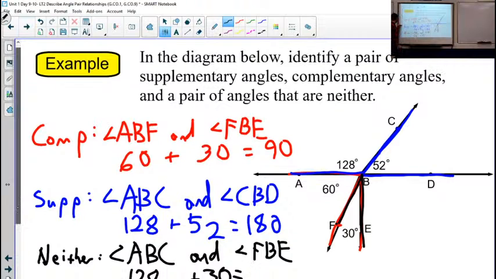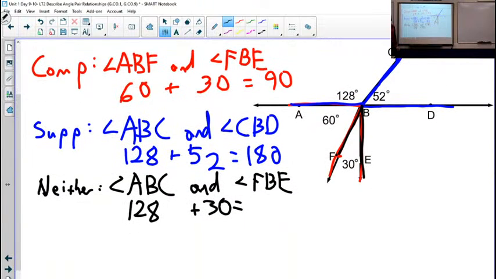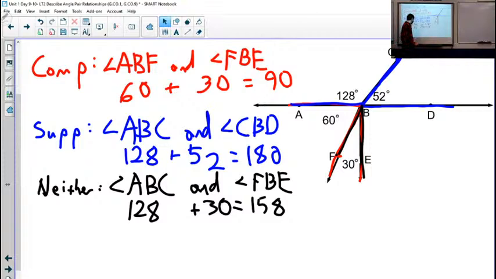128 and 30. Add to. Is the answer 90? No. Is the answer 180? No. So we have hit our target by missing other targets. 158, which is not 90 or 180, so it's neither complementary nor supplementary.